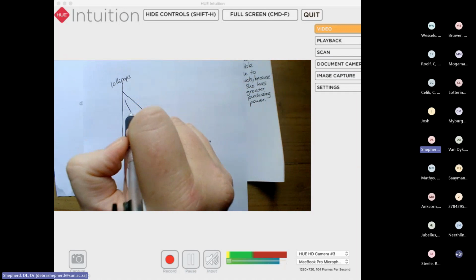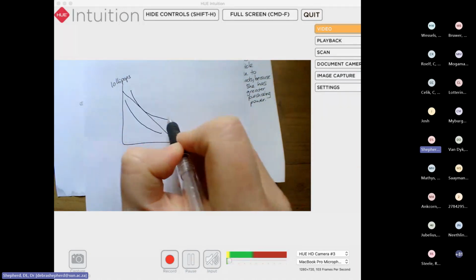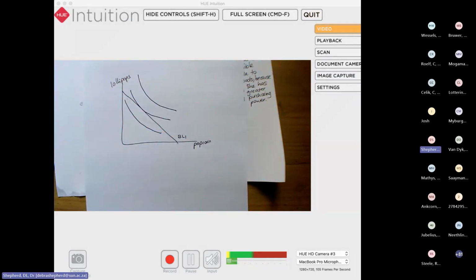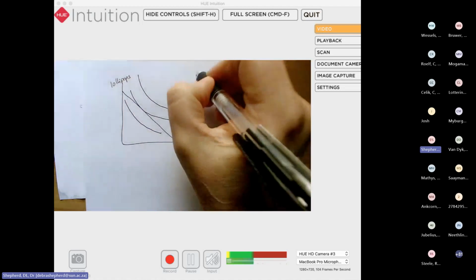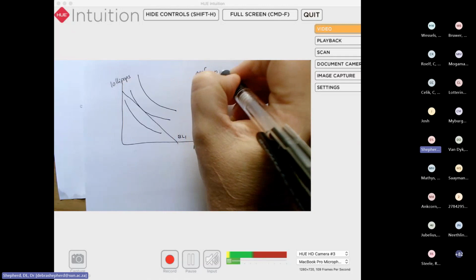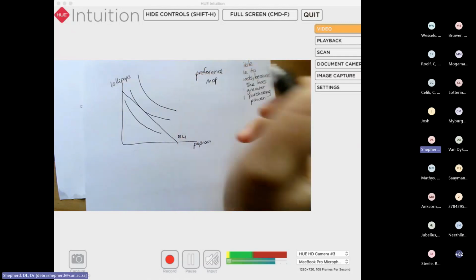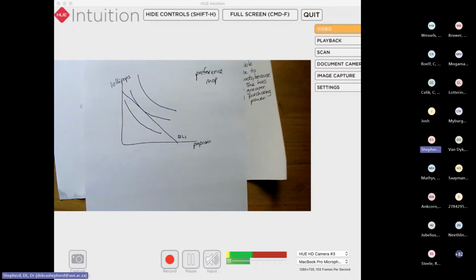I can draw a whole range of indifference curves in this picture. In fact, there would be an infinite number of indifference curves that could be drawn in one graph, and we call that a preference map. So indifference curves give us a map or view of her preferences.